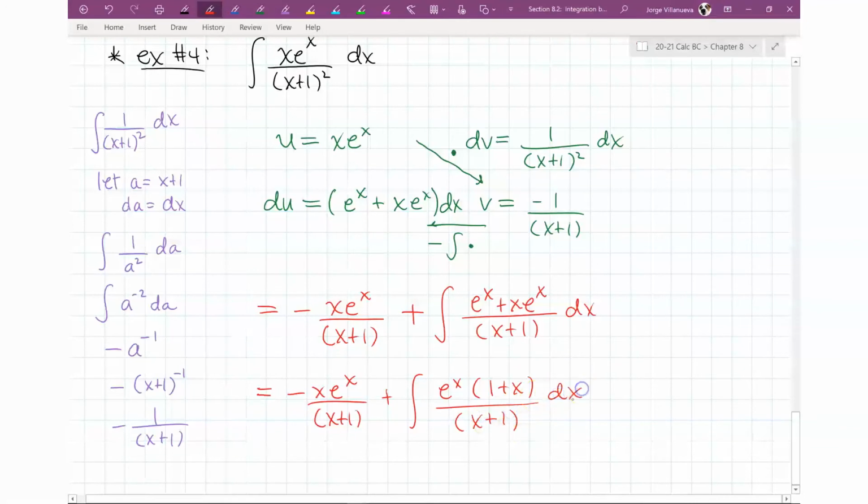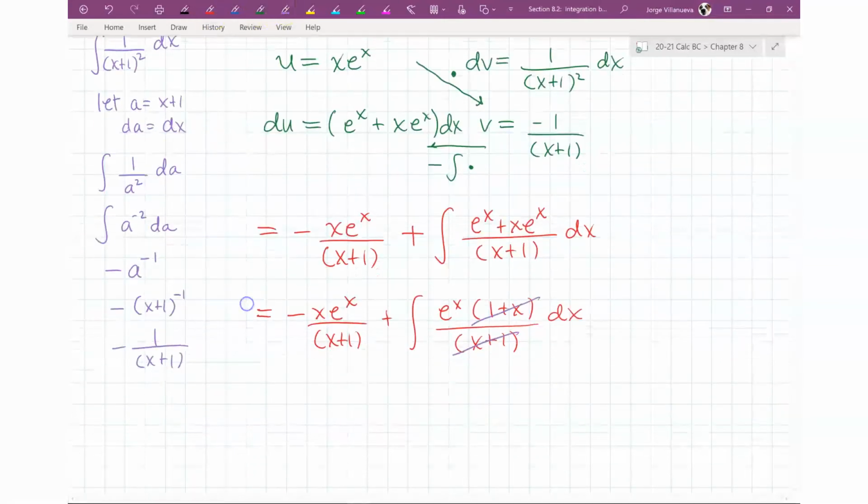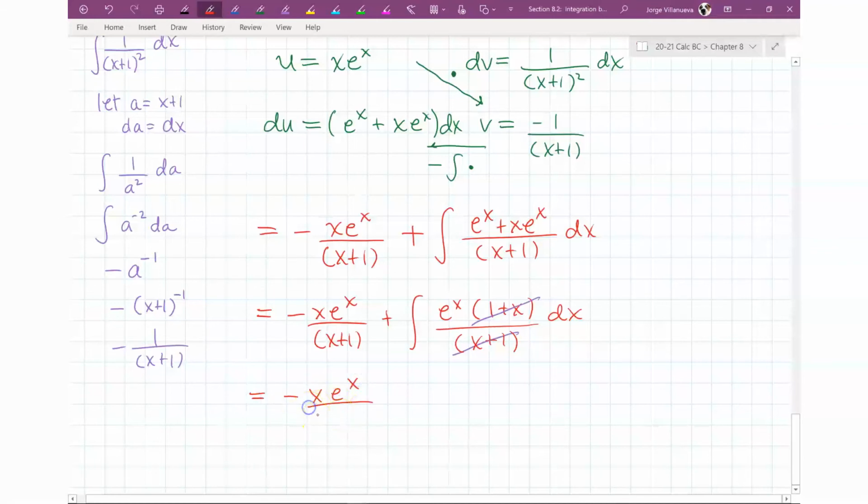And once I factor it, I don't know if you guys see it, but I can cancel. So all I have to do is integrate e to the x, and that's easy. That's just e to the x plus c. So I'm done. Negative x e to the x over x plus 1 plus e to the x plus c.